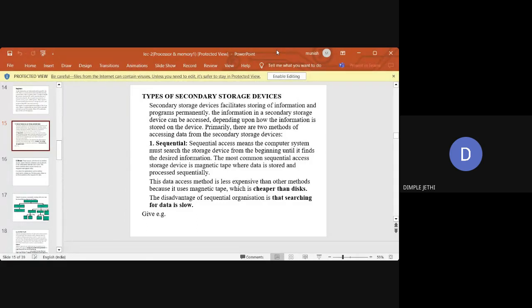That is the example of direct access, where wherever you place that reader, you can play from there. But magnetic tapes are the example of sequential access. The advantage here is that these are cheaper, but the disadvantage is that searching is very slow. You cannot directly go to that particular record. Is it clear to all of you what sequential access is?